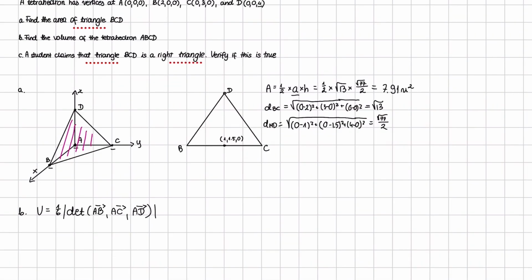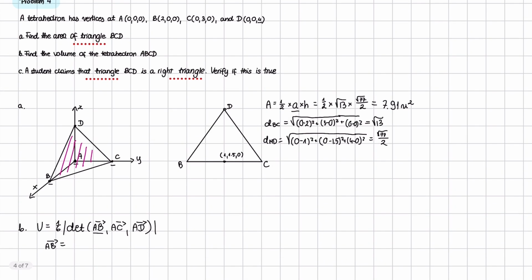This is our first method, and in order to calculate vector AB, we have to subtract from B A. So 2 minus 0 is 2, 0 minus 0 is 0, and 0 minus 0 is 0, so 2, 0, 0.